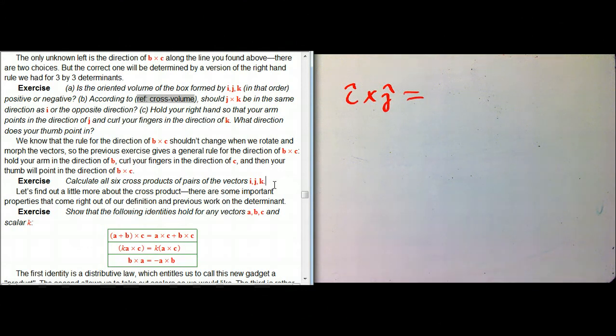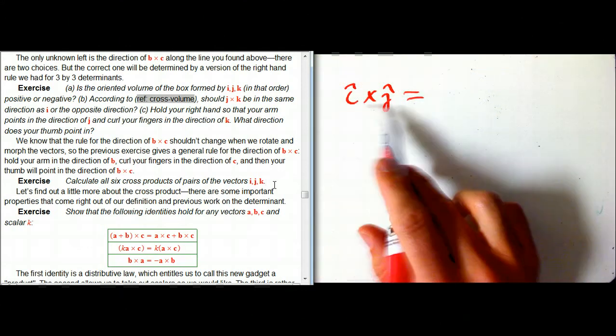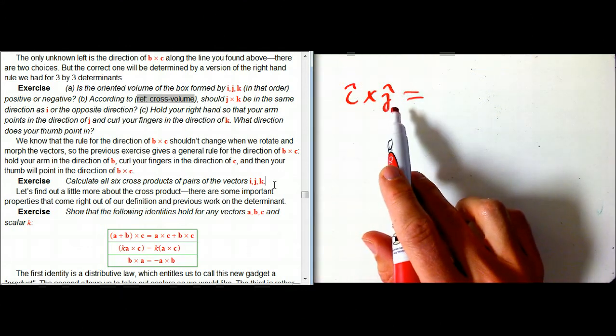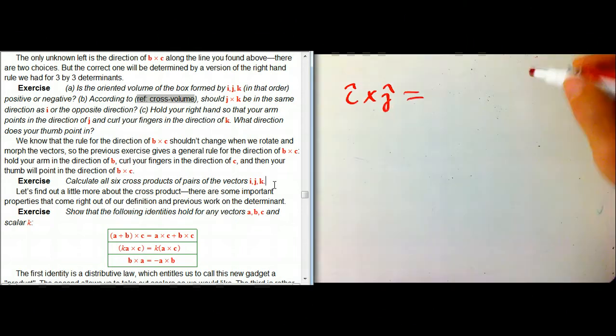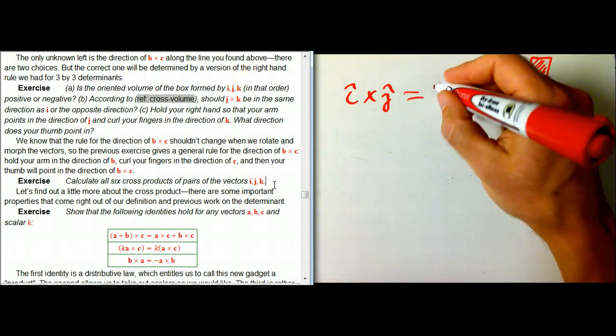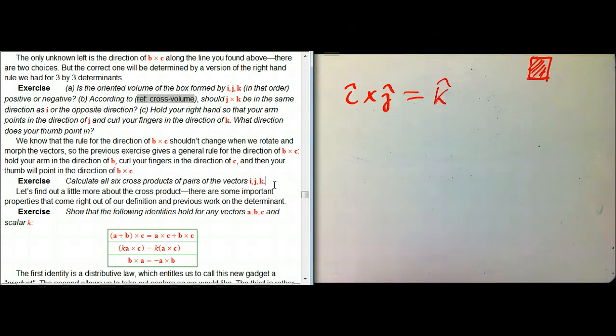i cross j should be a vector that's perpendicular to both i and j, and its length should be the area of the square that's formed by i and j. Well, that's 1. So it's going to be either plus or minus k. And by the right-hand rule, it's easy to see it's supposed to be k.